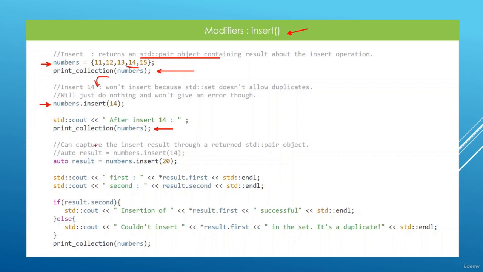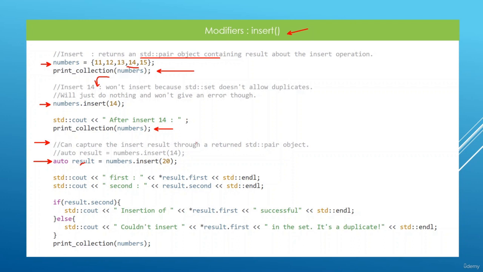It is possible to capture the result of our insert in an std::pair object, and that's what we do here. We are deducing the type for this. So this is going to store the result of our addition in the second position.